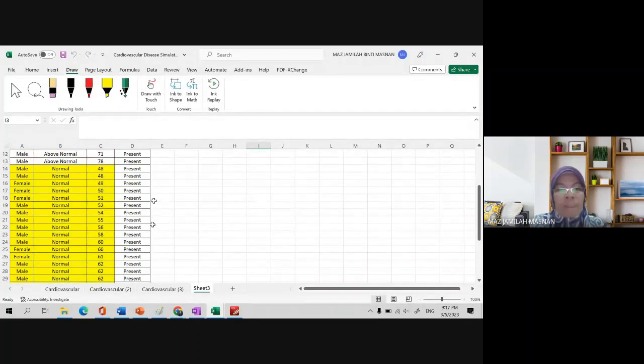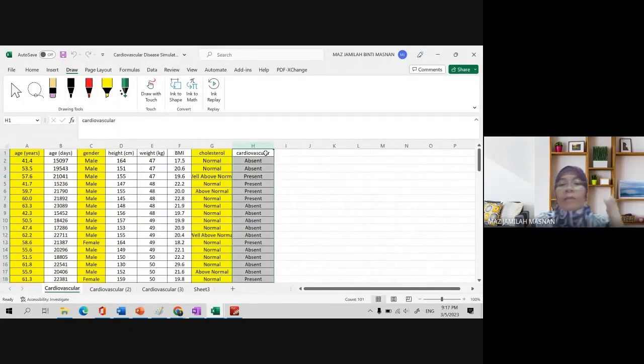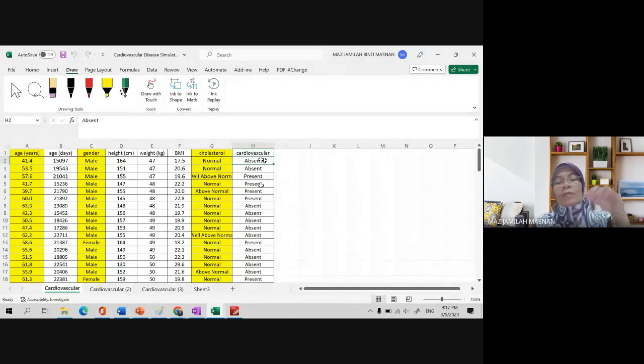If your interest is still to comment on the absent and the present, it's still okay, based on your preference. That means if you include the absent and present cases in your analysis later on, you are going to tell about those who are absent and those who are present.